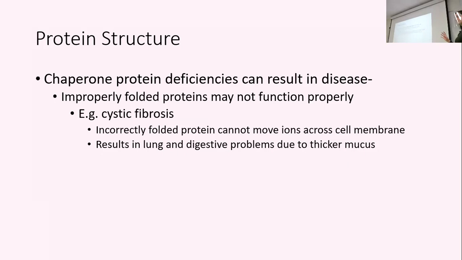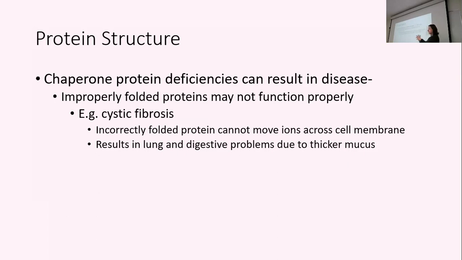cystic fibrosis is this kind of a disease. So you end up with these incorrectly folded proteins that are supposed to be moving ions across cell membranes, ultimately working in the formation of mucus, right? Because your gut, your lungs, everything in your body basically is lined with mucus, which honestly kind of grosses me out to talk about a little bit.